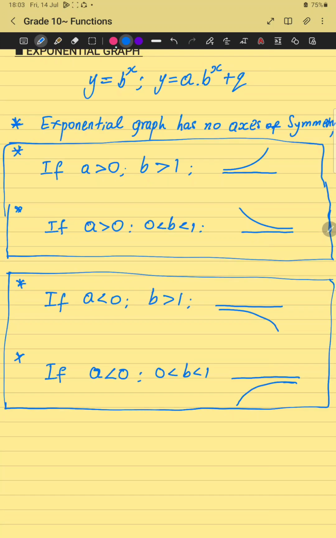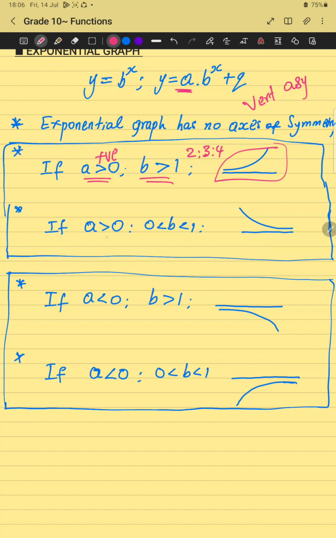So in this equation, the exponential graph has no axis of symmetry. That means it has no vertical asymptote. And now we're saying that if a is greater than 0, whereby it is positive, and b is greater than 1, meaning when it is 2 or 3 or 4, this is going to be the shape.